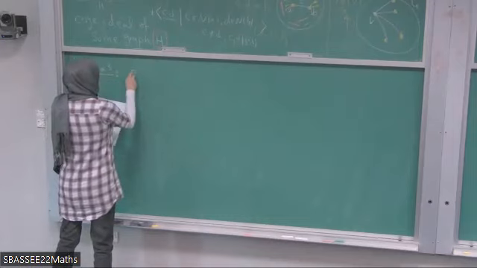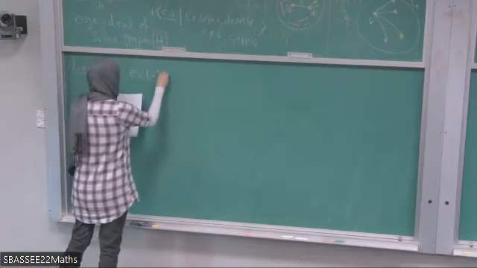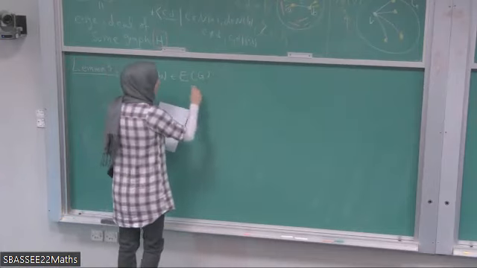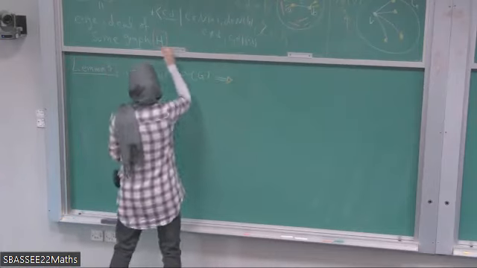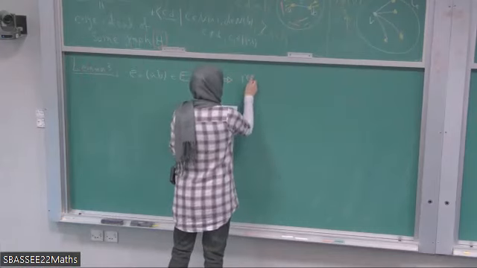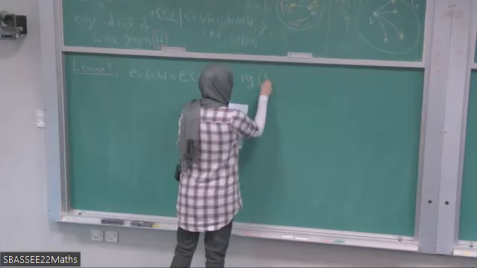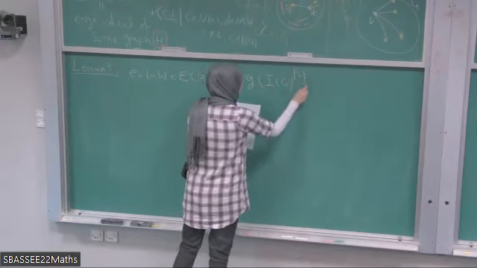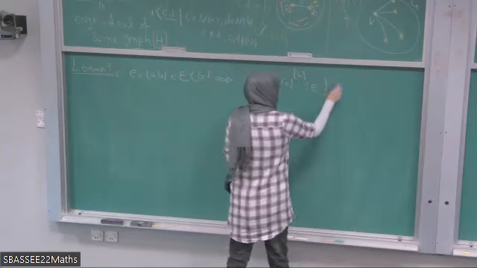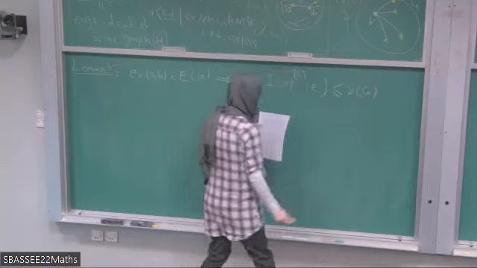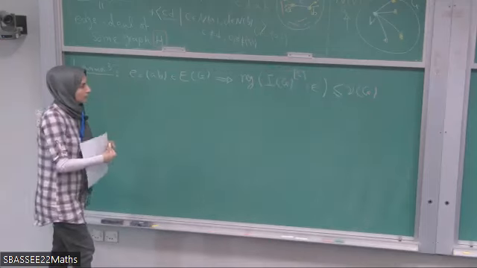And now again, E as before is an edge. Then we want to say something about the regularity of this colon ideal. It is less than or equal to mu G. Okay.